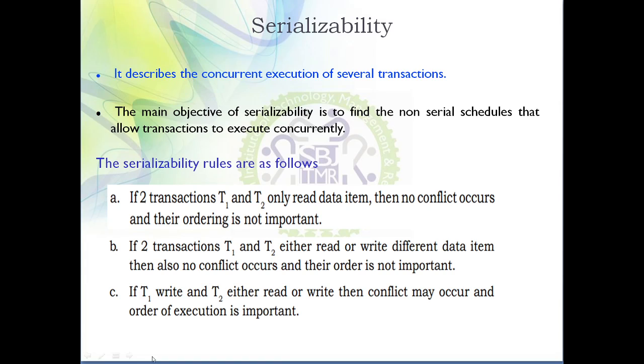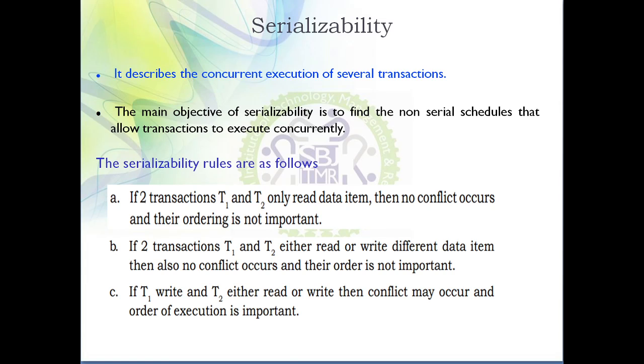So what are the rules that you need to follow? If two transactions T1 and T2 only read the data item, then there is no conflict. It is a very simple rule. Suppose two transactions are performing a read operation on the same data item, then there will be no conflict. But suppose two transactions T1 and T2 read or write different data items, then also there is no conflict.